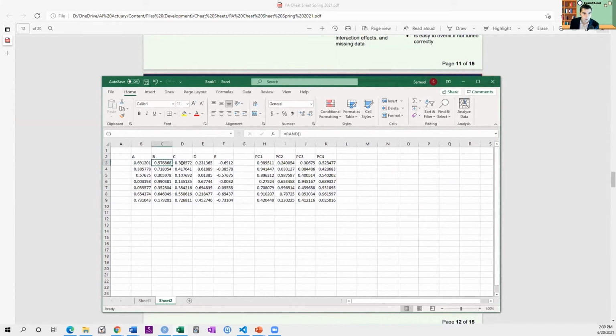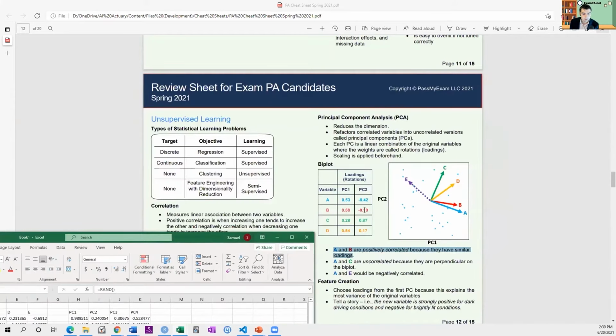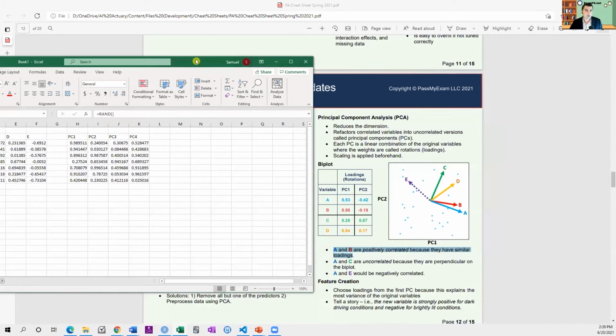And then B and C, these two, green and red, would be orthogonal. That means they would be uncorrelated. So let's say your snowfall and the amount of coffee that I drank that morning, right?